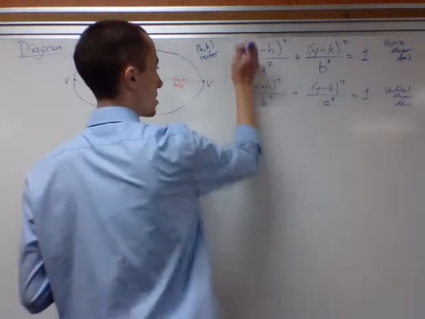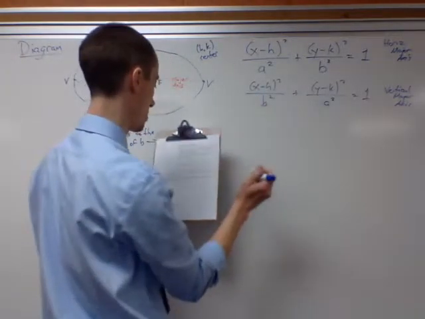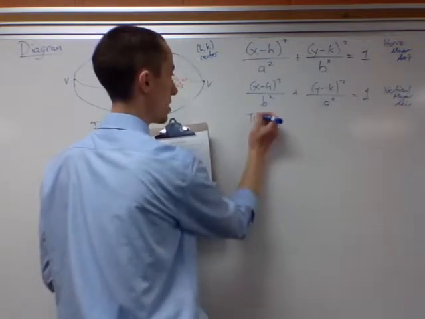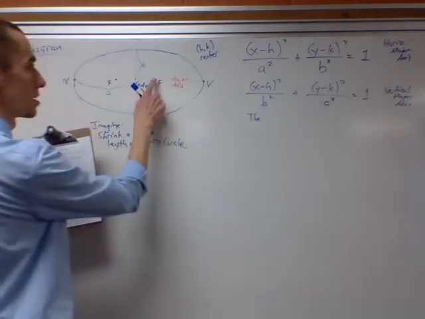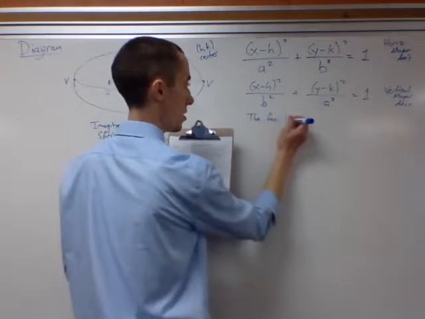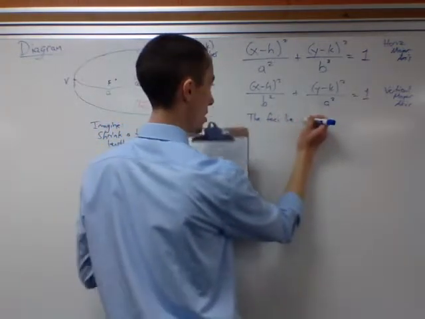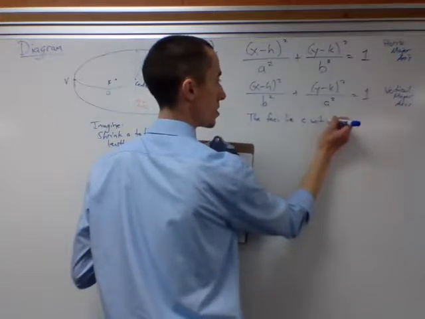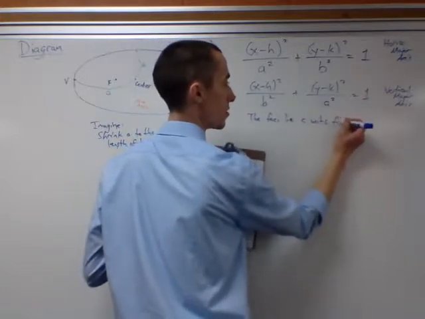A note that I'd like to add underneath these two definitions is that the foci, these 2 points here, lie, we're going to call that C units from the center.